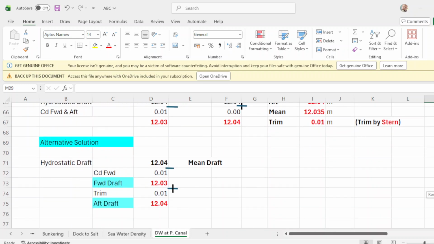Another solution is your main drop minus your forward change of drop, which is 0.01, that is drop forward 12.03, exactly the same here. Add your trim of 0.01, that up drop will be 12.04, exactly the same here.